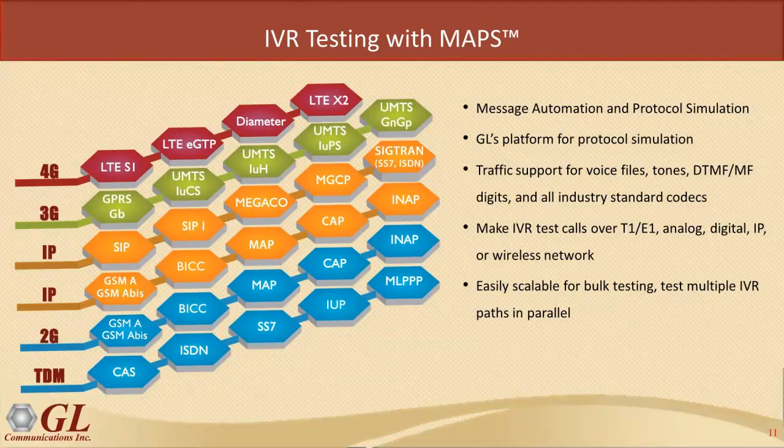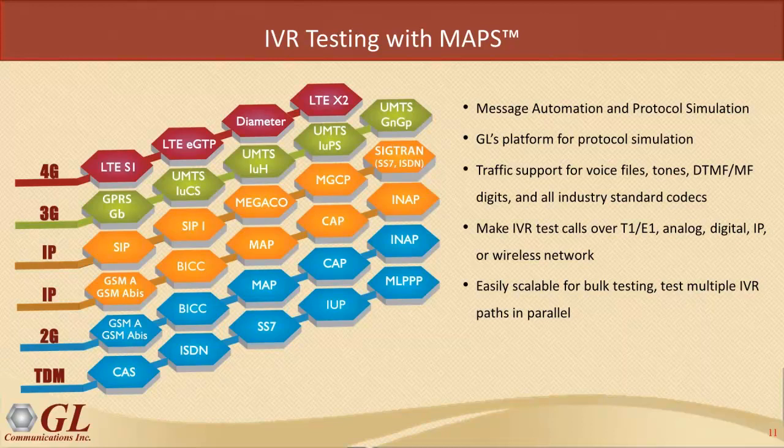So I guess the difference here is that we're simulating endpoints instead of integrating with existing endpoints. By simulating endpoints, this allows us to scale easily for bulk call testing and test multiple IVR paths in parallel, since in most cases there's no actual hardware involved, and this is mostly done in software.